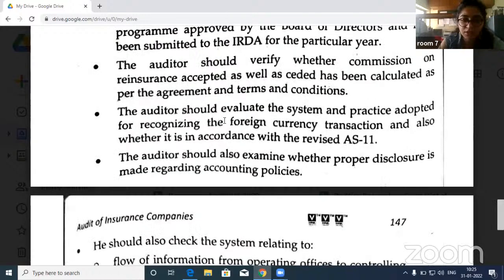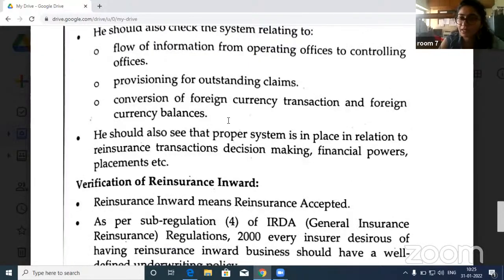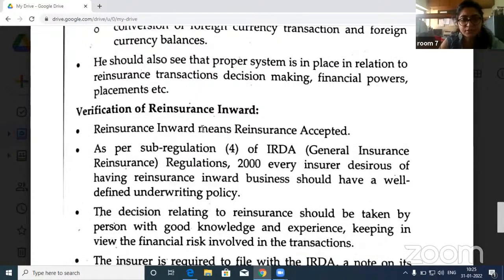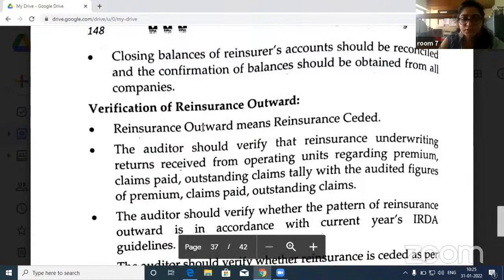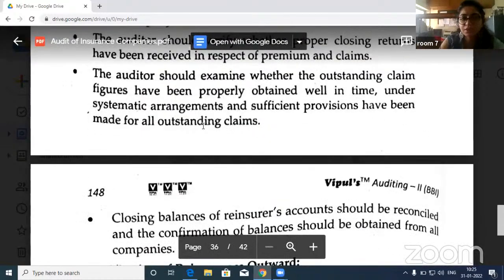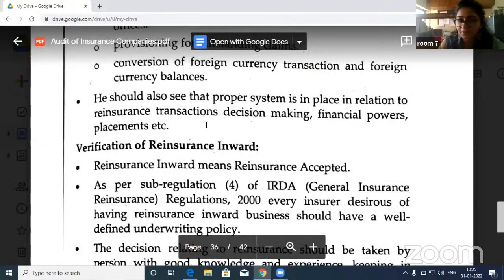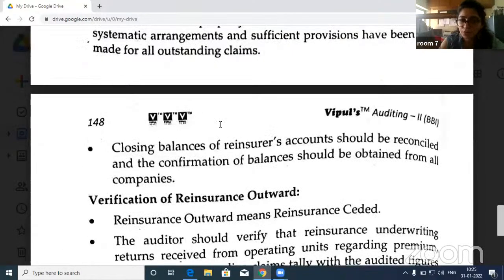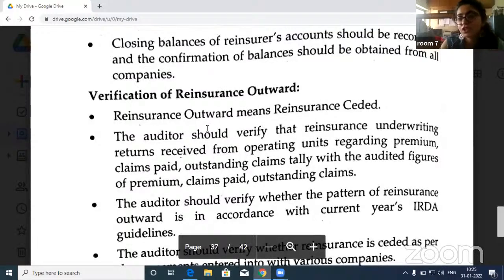You need to check all those transactions, opening and closing balances, and also the commission that has been received or paid on reinsurance, and the premium that the company has to pay or receive during reinsurance ceded and accepted respectively. Okay. This is reinsurance inward, that means accepted. And this is reinsurance outward, that means ceded. Reinsurance ceded.